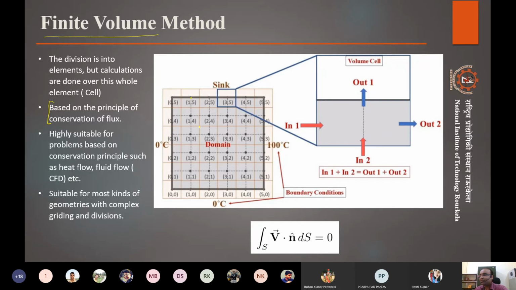Similarly, if we consider a single cell, just this one, whatever volume or heat is going in will also go out. So the net input will be 0, and that is what is called the conservation of flux. The total amount that goes in will be equal to the total amount that goes out, or the net flux, the input minus the output, will be 0.